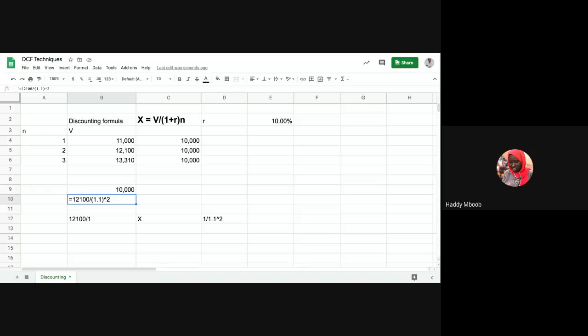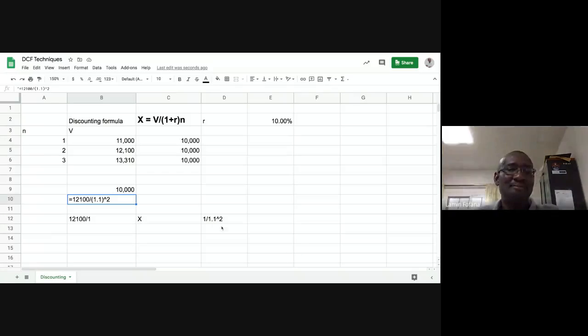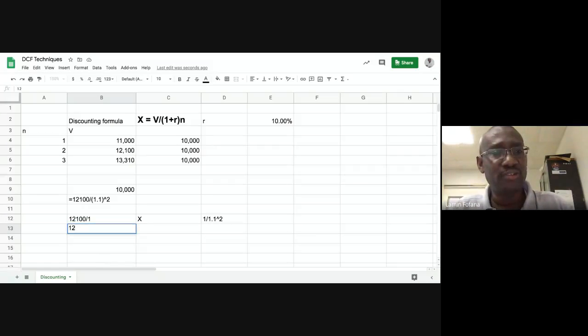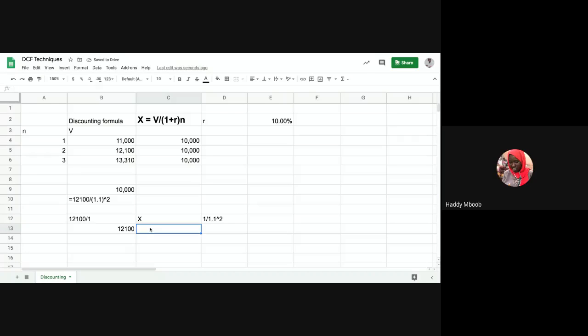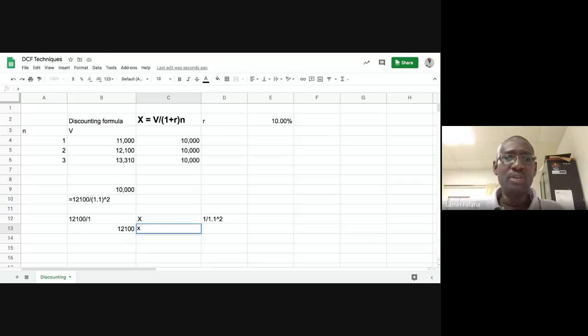Yeah, it's the same. And 12,100 divided by 1, is that not 12,100? Yes, it is. Then now we say multiply by this.